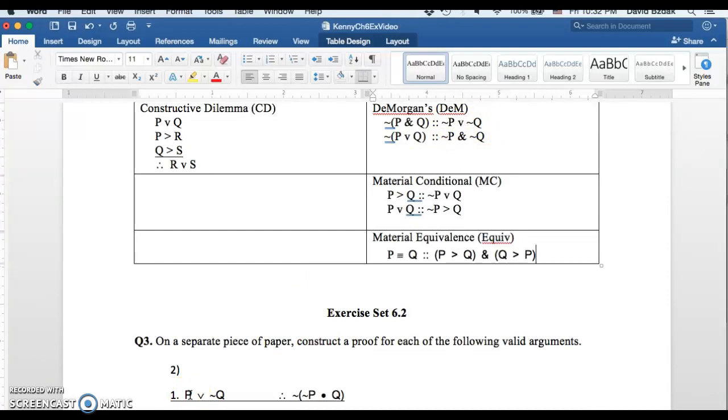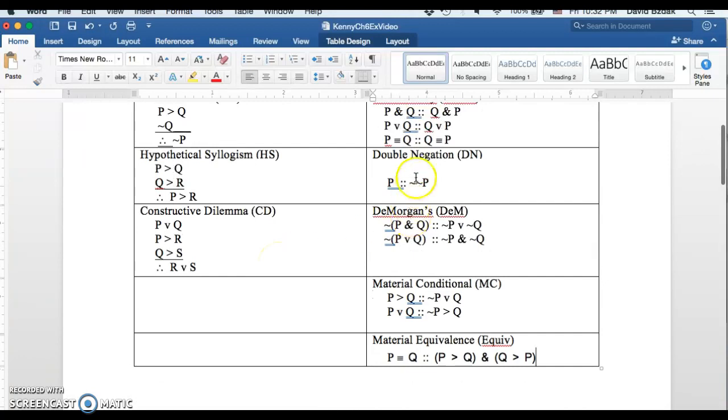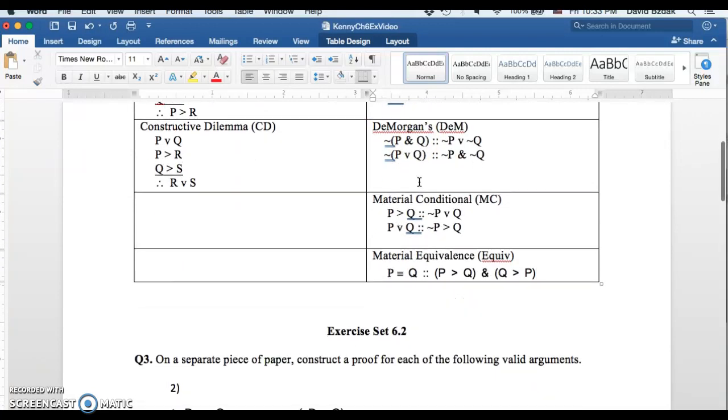But one of our other new substitution rules, the double negation rule, can help us out here. It can change a sentence that's not negated into one that is negated. Right? So P is equivalent to not not P. P here, again, remember, stands for any sentence. It could be simple like A or B, or it could be complex like A and B or whatever. So any sentence we can substitute in that same sentence with 2 negations to the left.